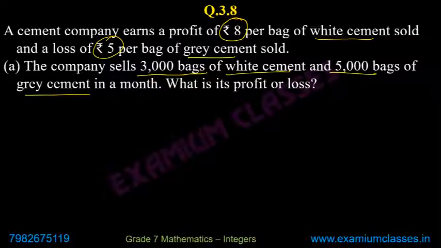What is its profit or loss? So you get the profit for all 3,000 white bags, and loss for all 5,000 gray bags. And then add. If it is positive, it is profit, negative is loss.